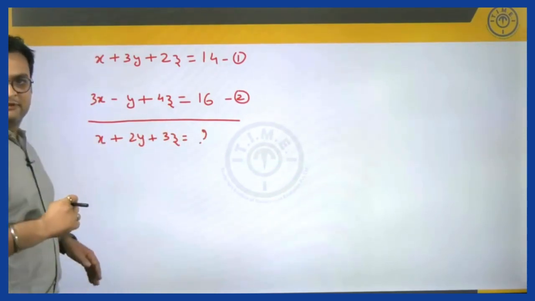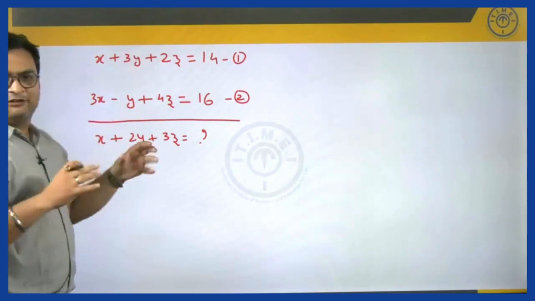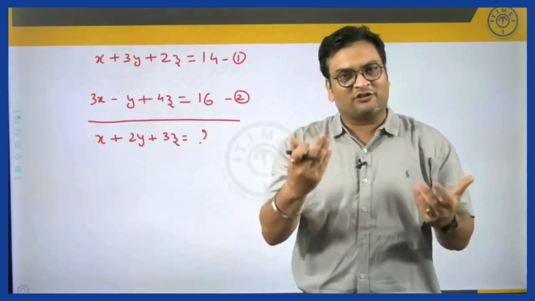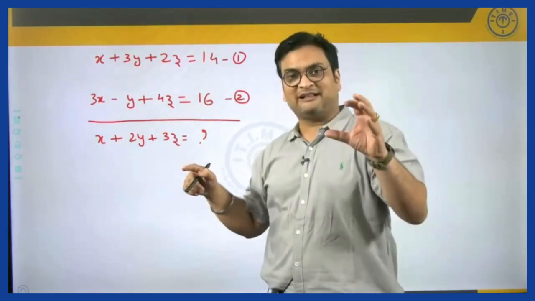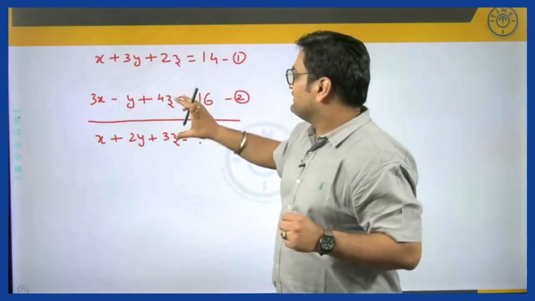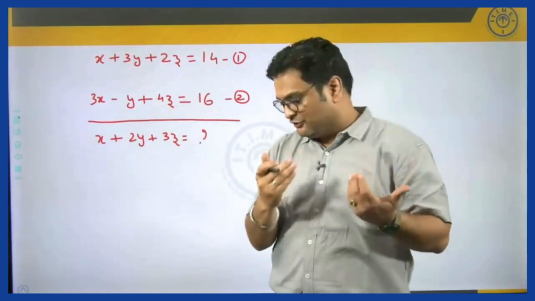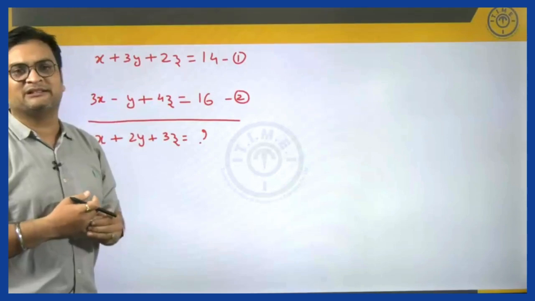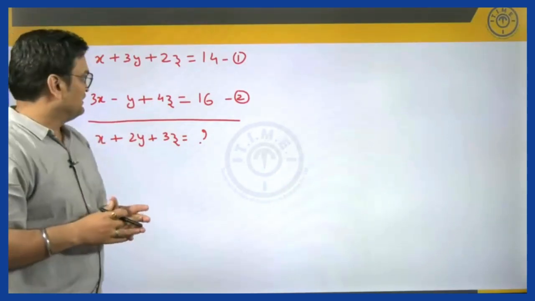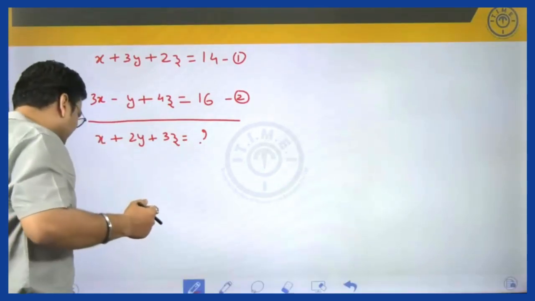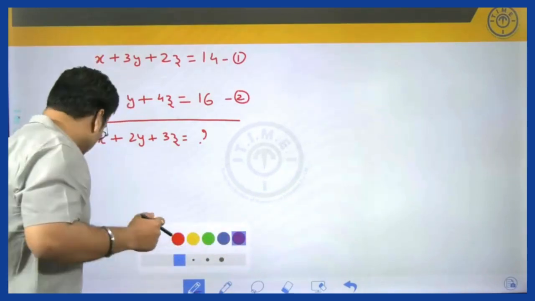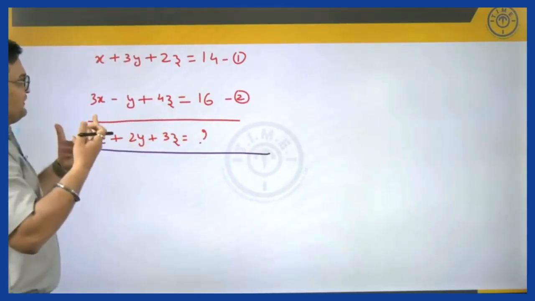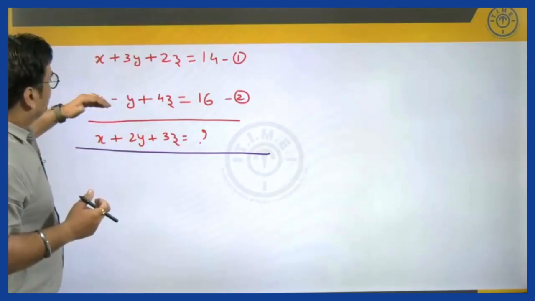Right now when I am trying to frame this question, I personally do not know whether this will work out or not. That is, by using these two, can I really find this or not? I don't really know. Let's check it together and I'll try to teach you the method. We check it on the basis of the following assumption that we make. I don't really know if I can get this combination using these two equations.